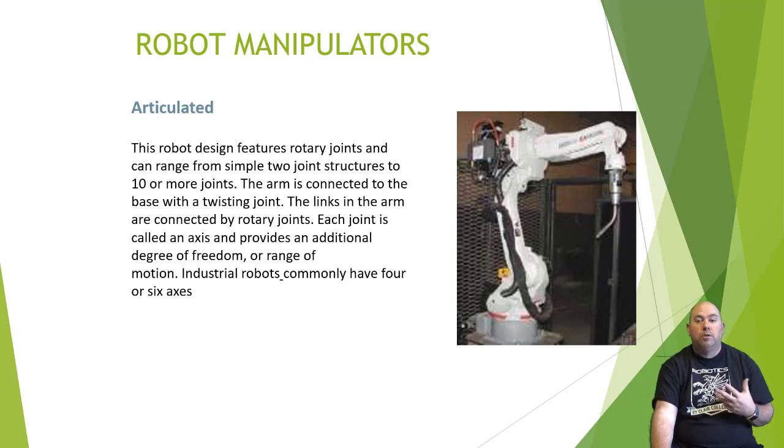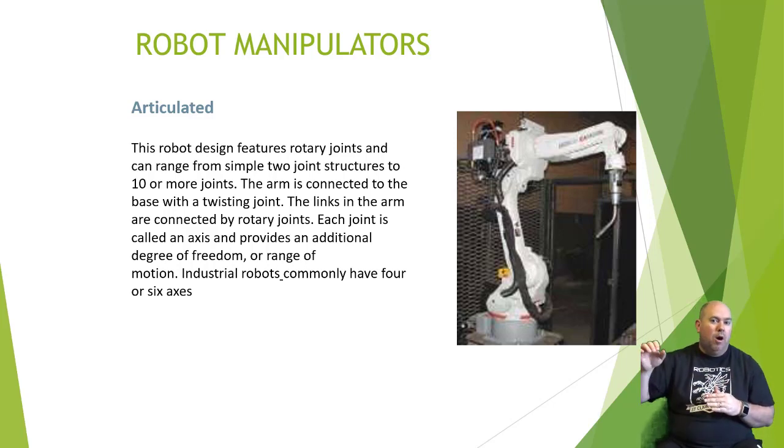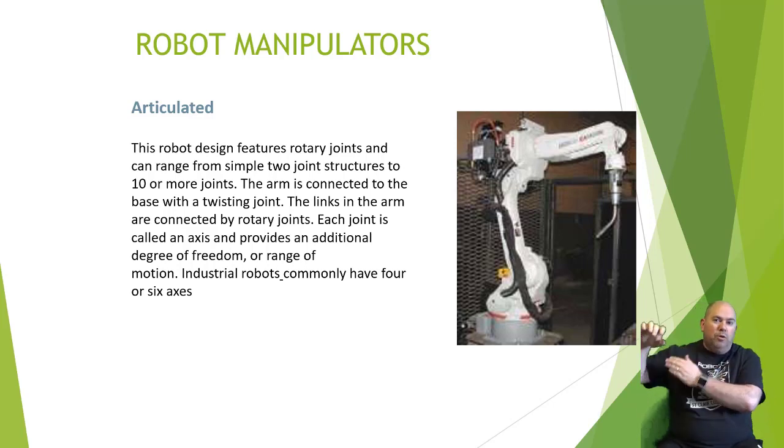So let's talk about some different types of robot manipulators that you're going to actually see. The most common one that you'll see, and what we have in our lab out here, is the articulated robot, which looks like this. This is probably what you're most familiar with talking about industrial robots. So this is what we call a 6-axis articulated robot. Axis meaning how many joints it has. So if you want to talk about your arm, it has a shoulder, an elbow, a wrist, a bunch of fingers.